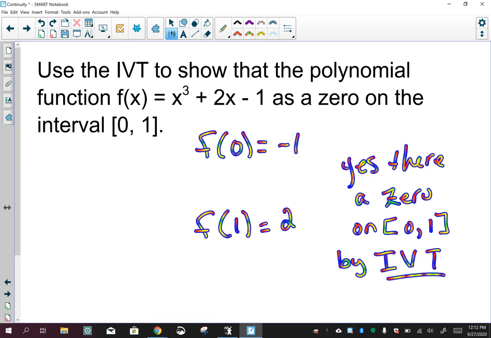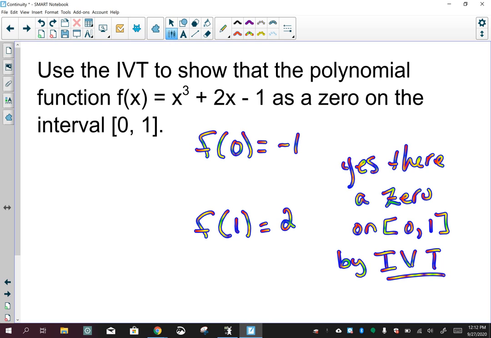If you leave out by IVT and you say because of the sign chart, that is not good enough. The sign chart does not give you credence to say yes, there's a 0. What gives you the credence is going to be the IVT.